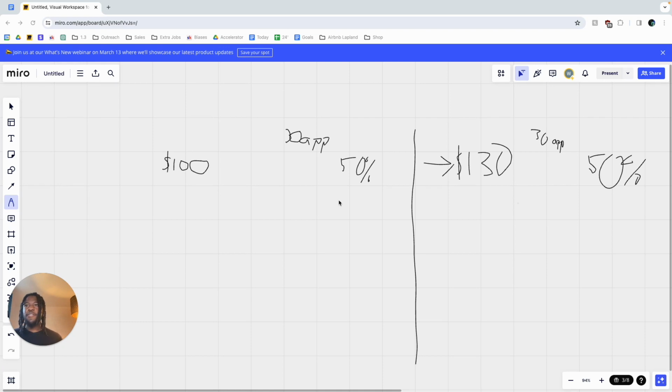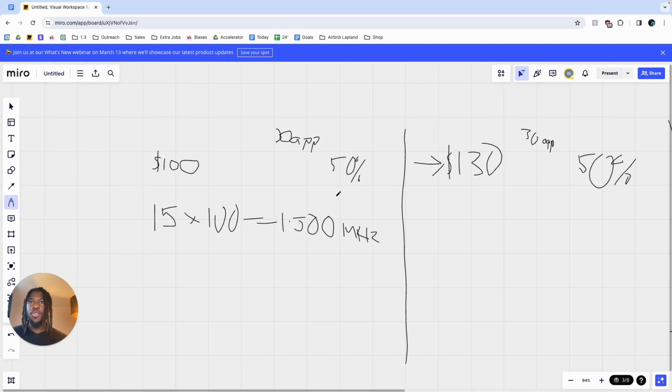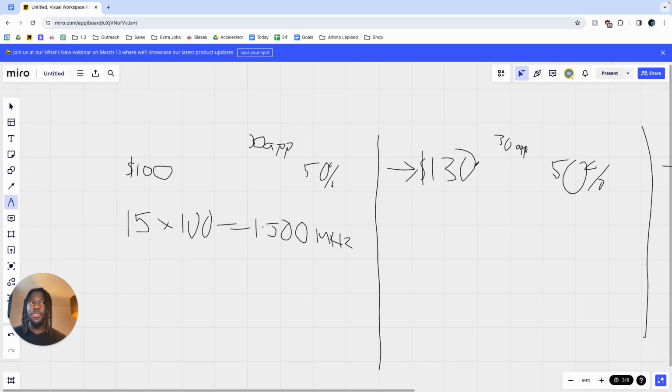That means that you will get 15 members. 15 members at $100 will give you $1,500 in increased MRR, monthly recurring revenue.